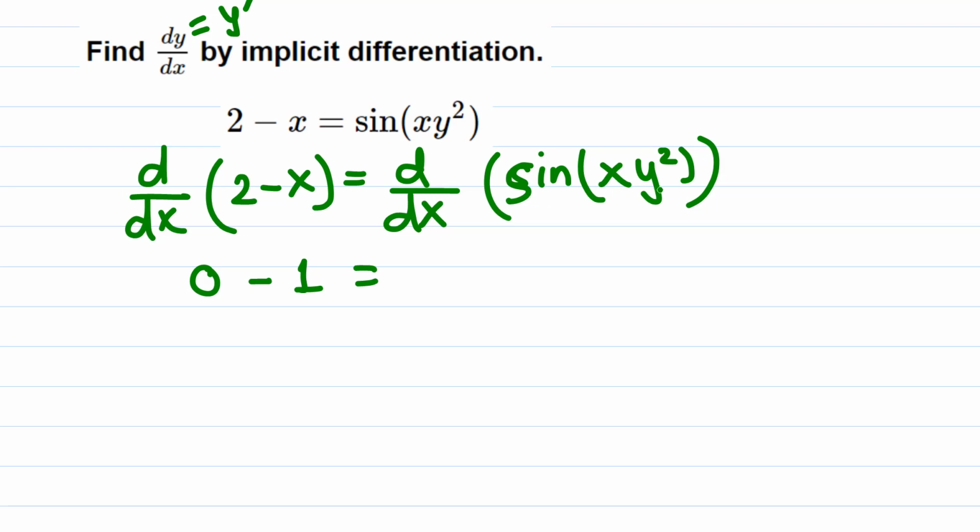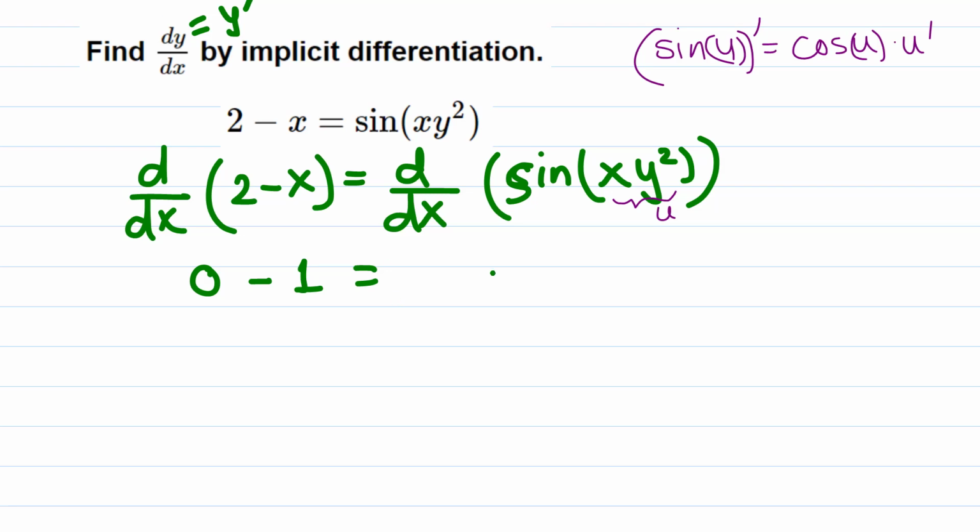this one for me looks like sine of some function of x. Okay, so sine of u, and we know that when we find its derivative by the chain rule, that's cosine of u times u prime, and xy squared happens to be u.